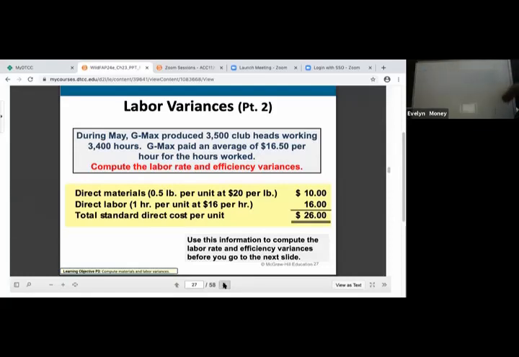And I usually don't tell you to memorize, but this time I do want you to memorize. All right, it's hard for you to see, but I'll minimize my screen in a second. When doing cost variance analysis for labor, it looks very similar to cost variance analysis for materials.